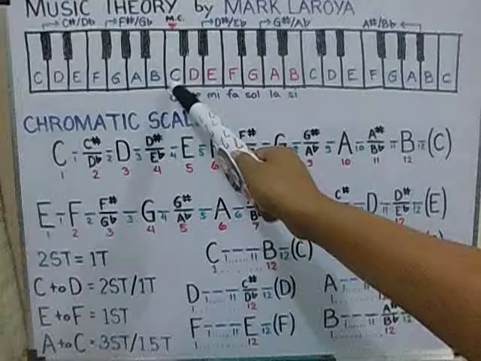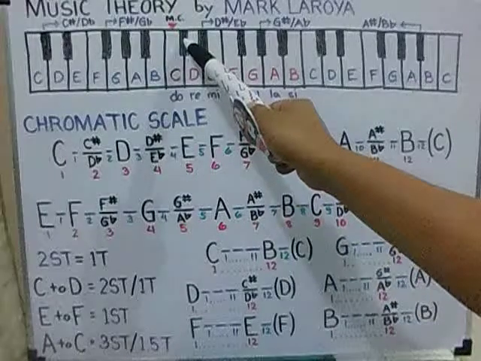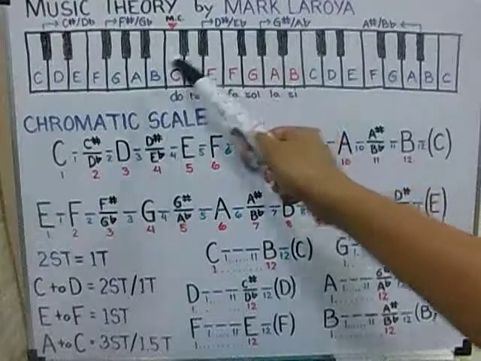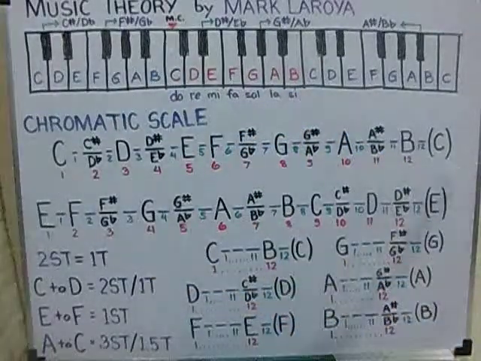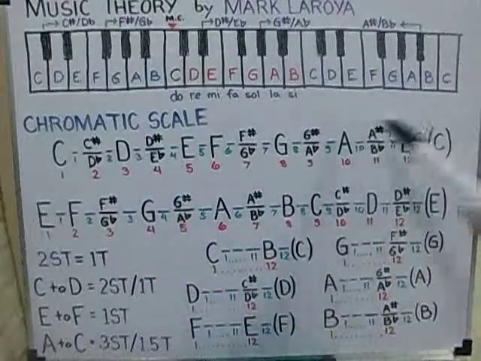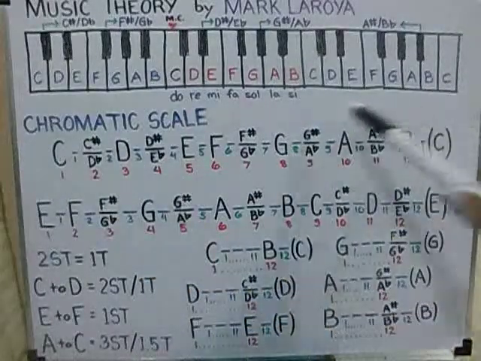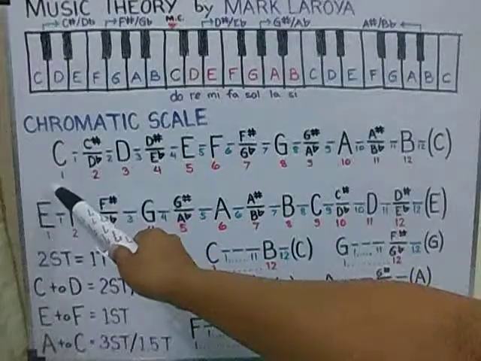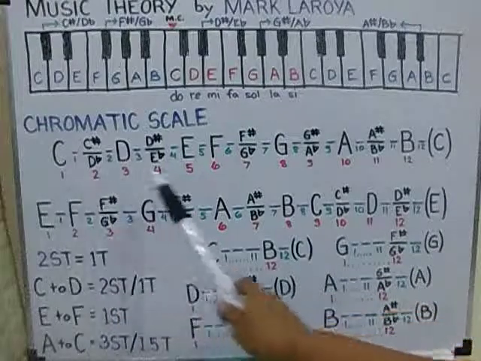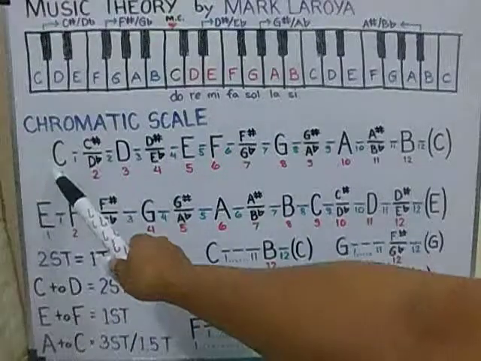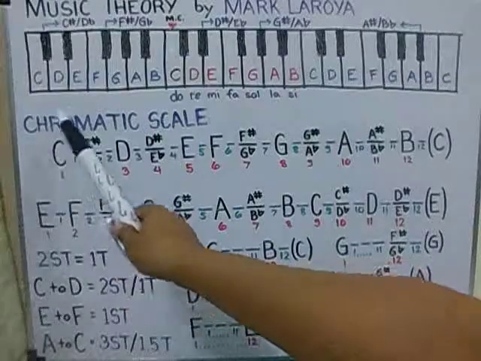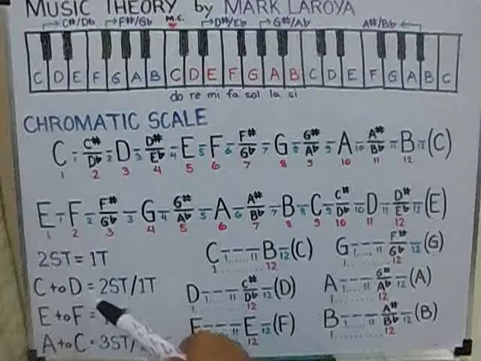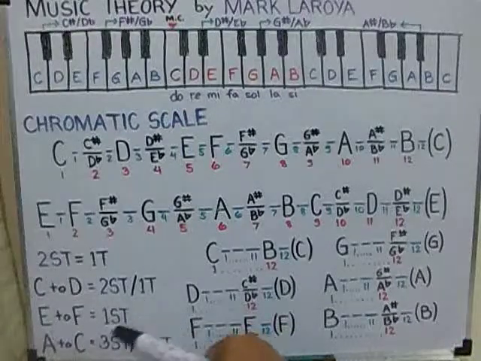From C to C sharp or D flat to D. So C, 1, 2. Or using the chromatic scale, that's why we construct the chromatic scale, for us to easily see the elements. So from C, 2 semitones, we land on D. So C to D, we have 2 semitones or 1 tone.